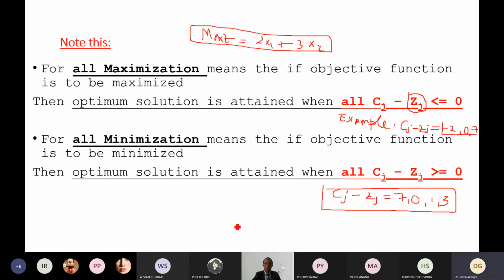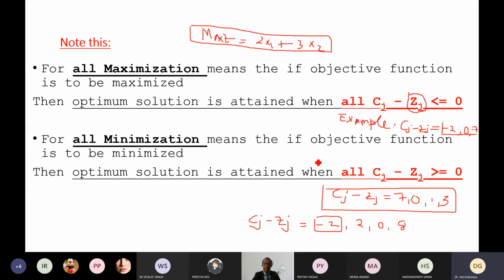In case you find Cj minus Zj is equal to minus 2, 2, 0, 8, what do you do? You have to continue until you remove the negative.